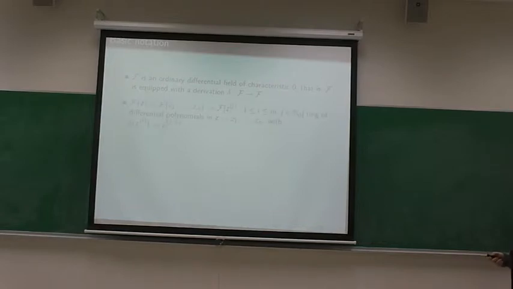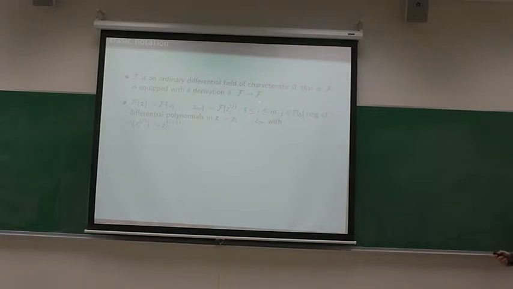C1, ..., Cm are differential indeterminates that I will abbreviate with bold C. Or in general, when having a family of differential indeterminates, I will put the bold letter to represent all of them. So this will be the ring of differential polynomials in the variable C. That is the ring of polynomials in these variables, and all their successive derivatives.